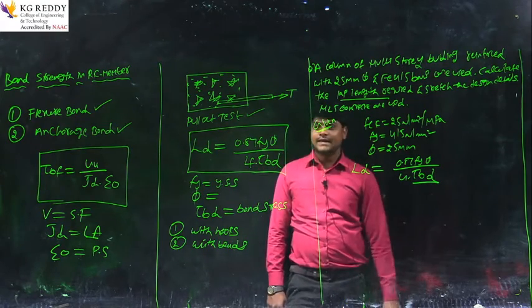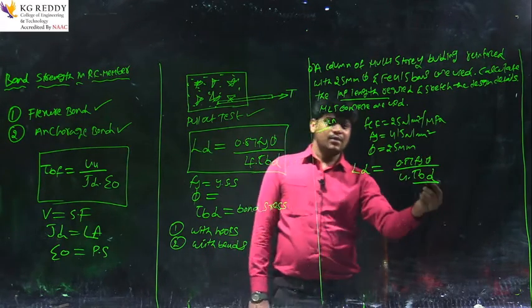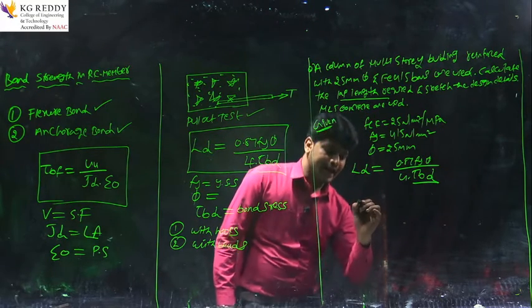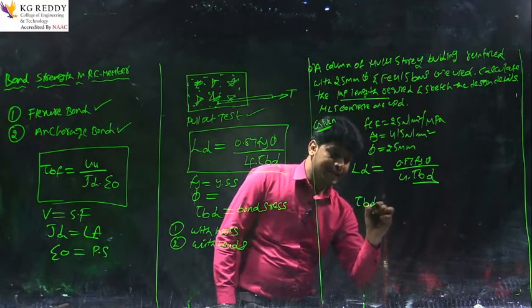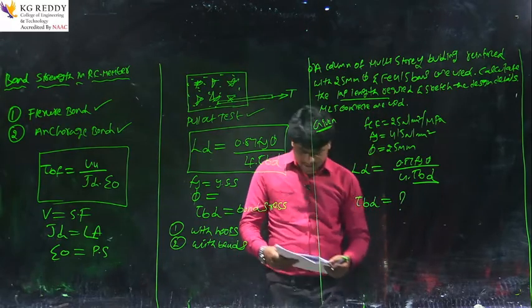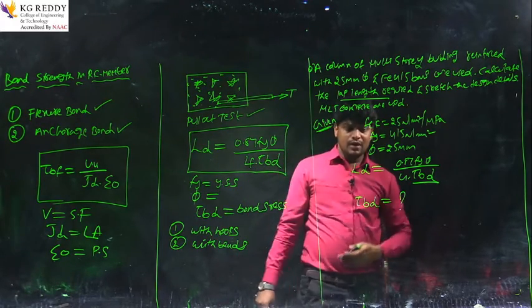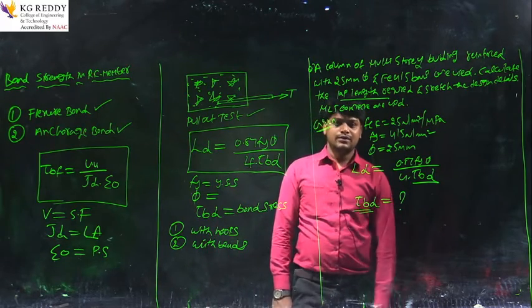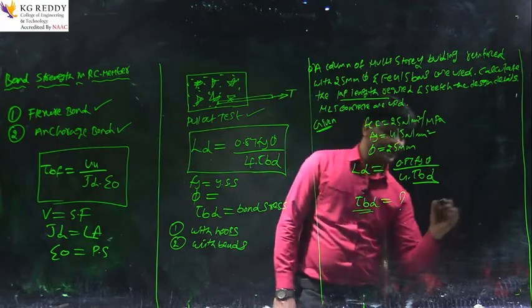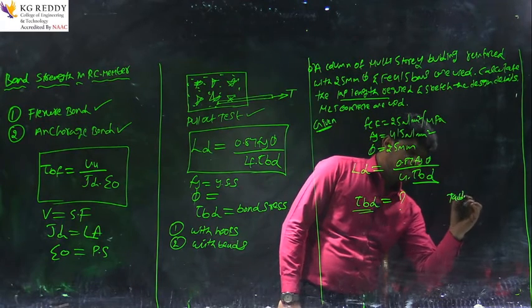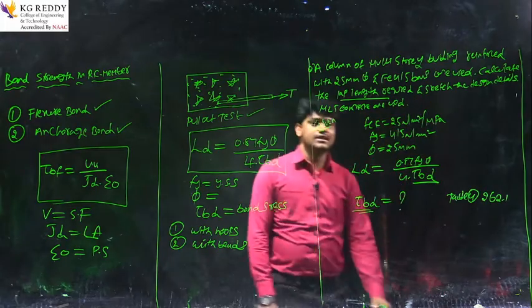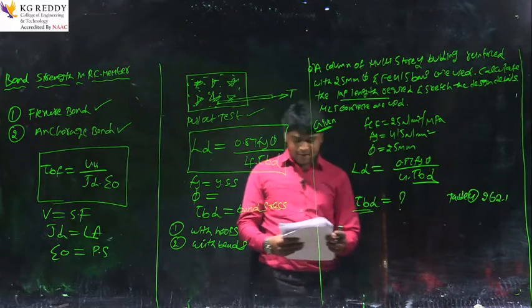What is tau_bd? It is the anchorage bond stress. We calculate the anchorage bond stress using the code book, Table 4 in clause 26.2.1.